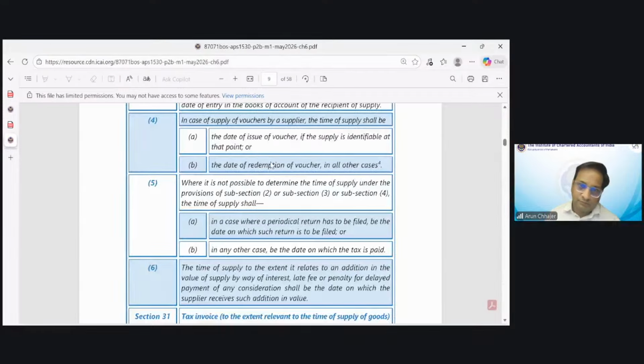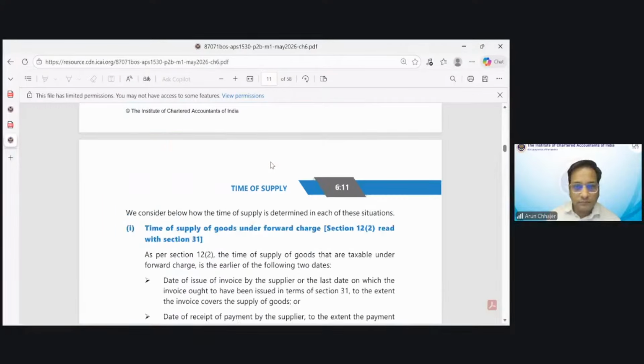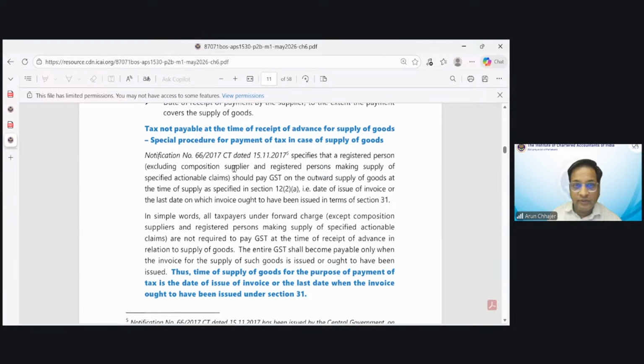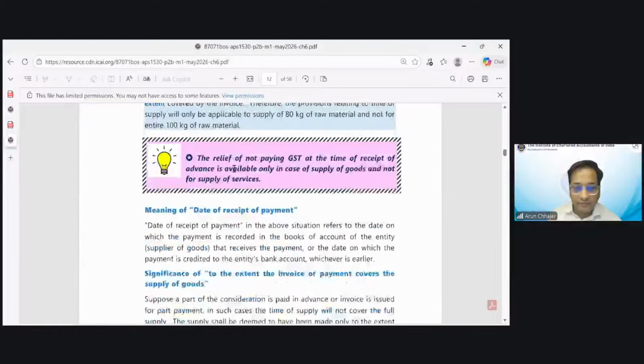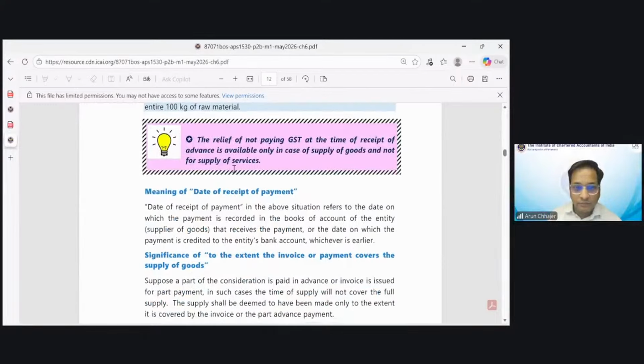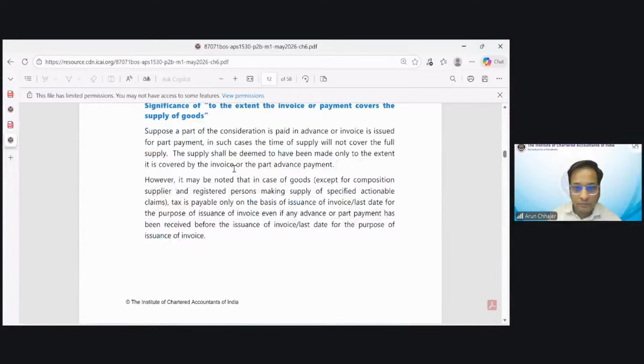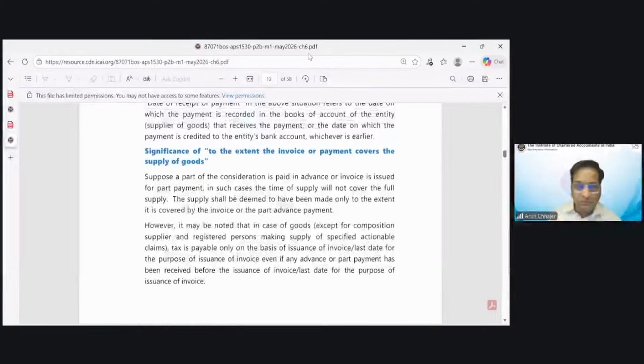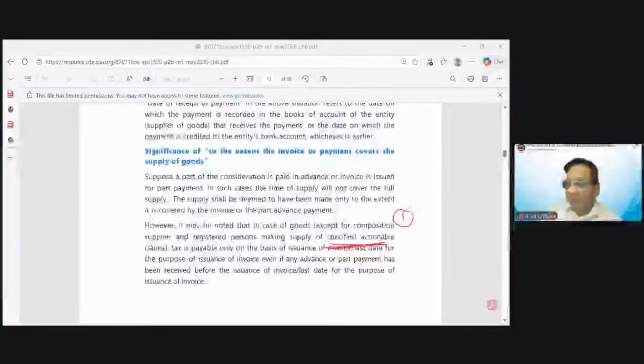Okay, a little further down. Supply. Noted that in case of goods, except for composition supplier and registered person. I would like to highlight this point. You are excluding composition and you are excluding RCM, right?